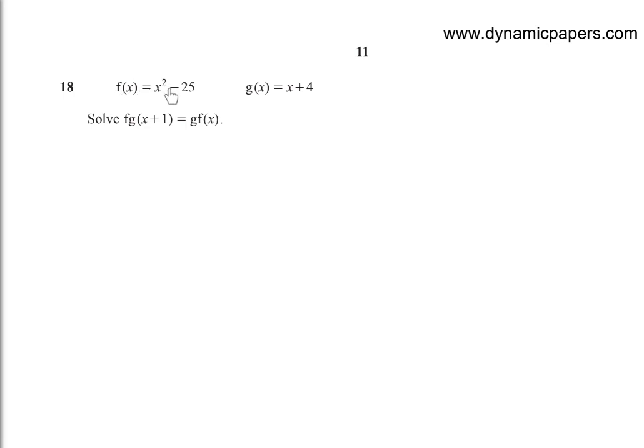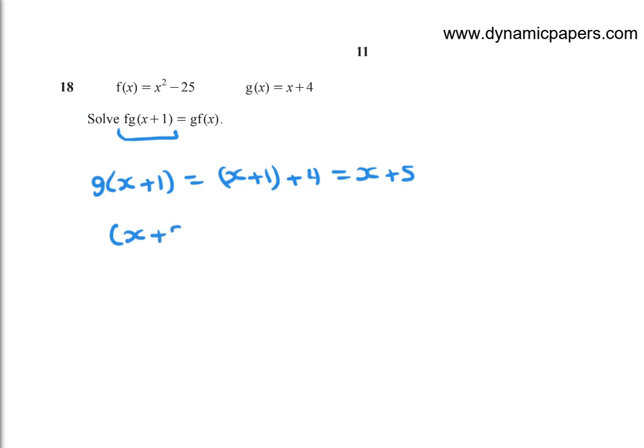Number 18, f(x) equals x squared minus 25, g(x) is x plus 4. Solve f(g(x plus 1)) equals g(f(x)). So we need to find f(g(x plus 1)) first. g(x plus 1) equals x plus 1 plus 4, so x plus 5. Now put in f, so this will be (x plus 5) squared minus 25.